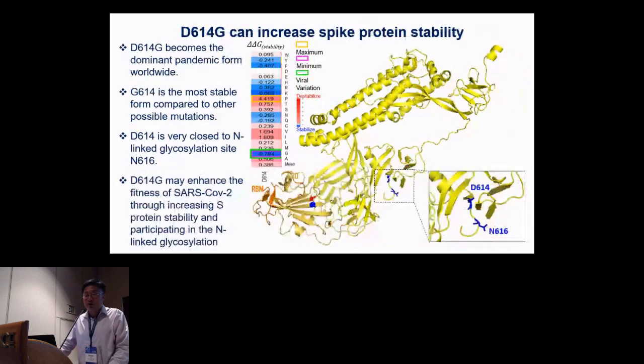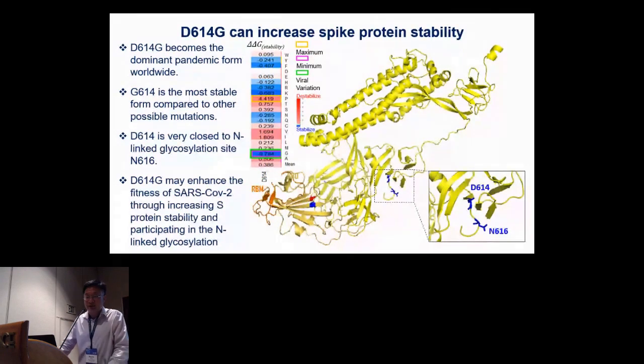Then we look at a real viral mutation, D614G, which is probably the first dominant variant strain. When we calculate the ΔΔG, we found that G614 is the most stable form compared to other possible mutations.